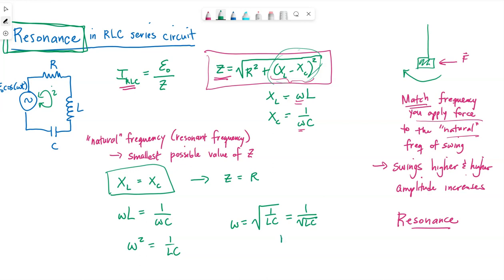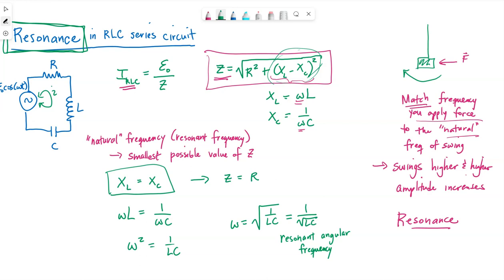This is called the resonant or natural angular frequency, in radians per second, of our circuit. You've seen this equation before when we talked about ideal LC circuits. This was the angular frequency we came up with, the oscillation rate of the energy between the inductor and capacitor.